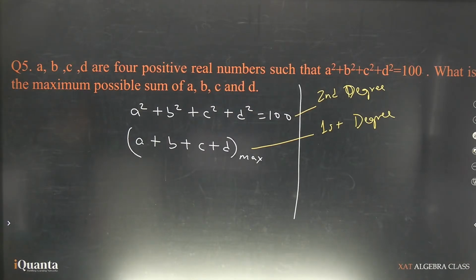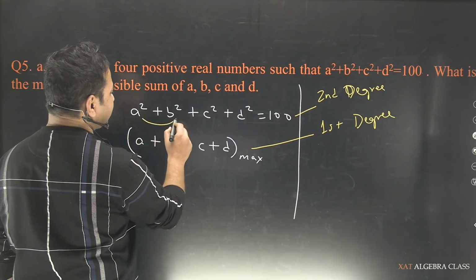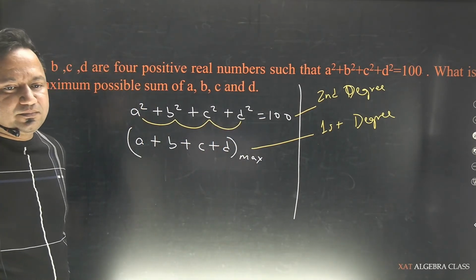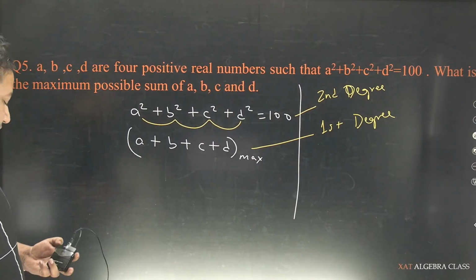Right. So whenever we have something like this, what does it mean? It means that we need to break these values as close as possible. So how can we break that?